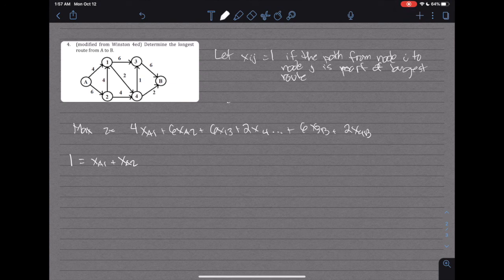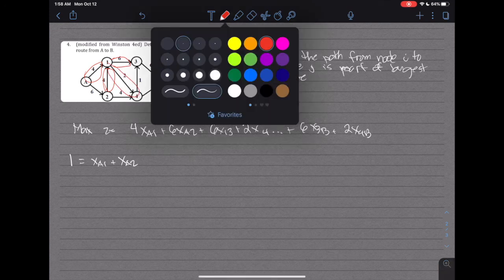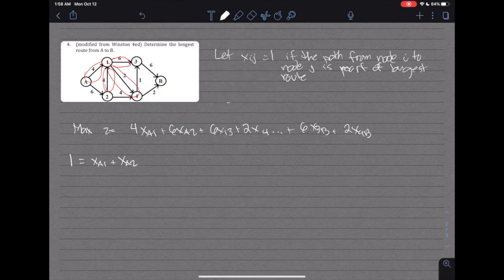The arcs coming into node 1 are A1 and 21, and the arcs coming out of node 1 are 13 and 14. Therefore, xA1 plus x21 is equal to x13 plus x14.